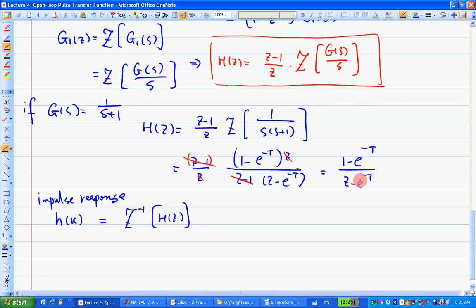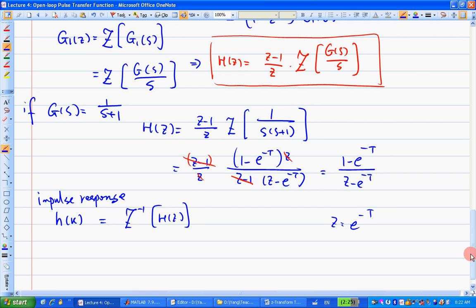You can memorize the conclusion for now: for a Z transfer function, when the poles of Z are in the unit circle, you have a stable system. For this one, there's only one pole, and the value of that pole is this guy here.